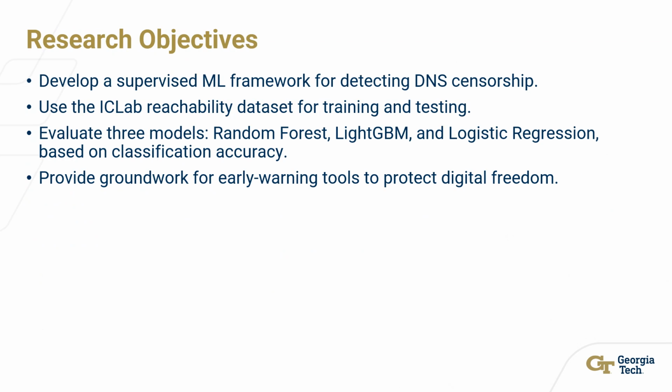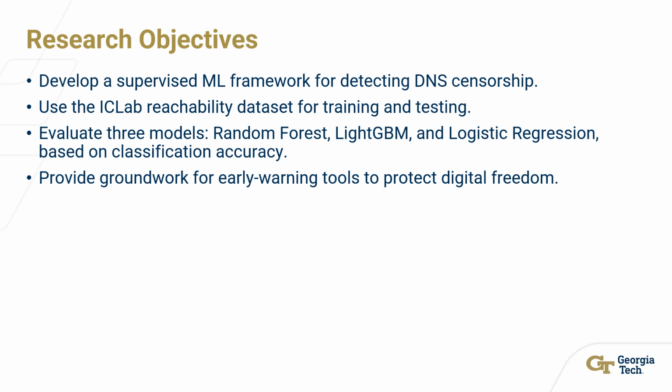Okay. So now for research objectives, our main objective is to develop a supervised machine learning framework that can accurately detect DNS-based censorship. In order to do this, we're going to use this data set that we found called the IC Labs Reachability Dataset. This includes global measurements of internet connectivity and censorship.